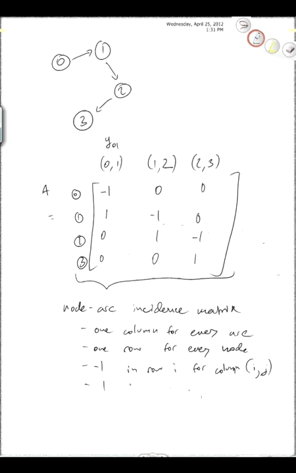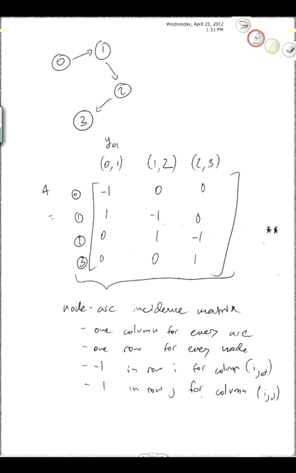We put a +1 in row j for column ij, because that's the node that this arc is entering, so it appears positive there. It's really this constraint matrix that lets us drop the integer constraints.